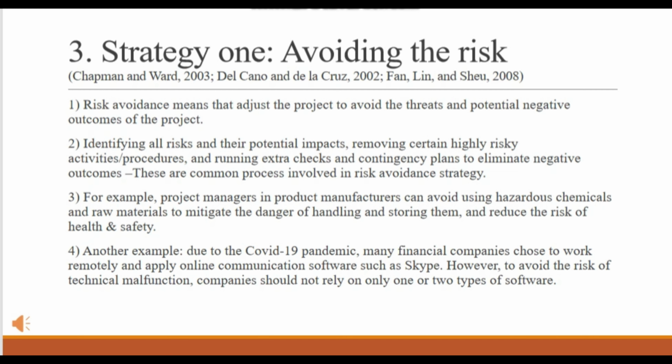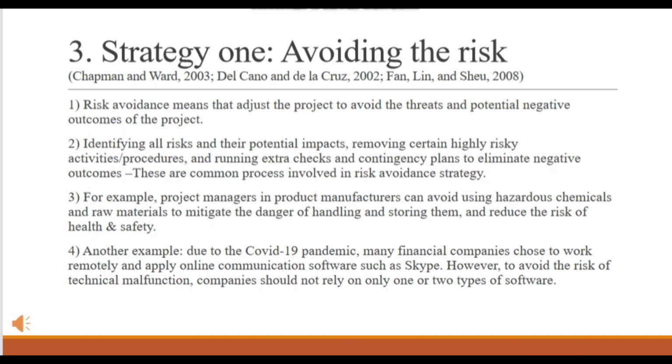For example, project managers in product manufacturers can avoid using hazardous chemicals and raw materials to respond to the danger of handling and storing them, and reduce the health and safety risks associated with these hazardous materials.